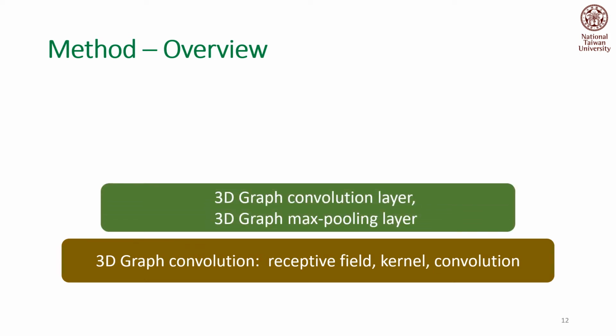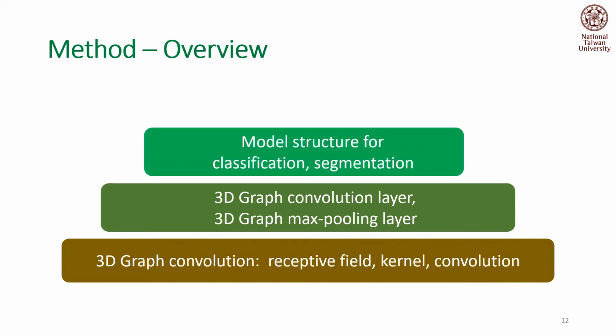Next, with these basic components, we can construct the 3D graph convolution layer and 3D graph max pooling layer, which share a similar idea with 2D convolutional neural networks. Finally, with the convolution and max pooling layers, we can construct models for various tasks, such as classification and segmentation.